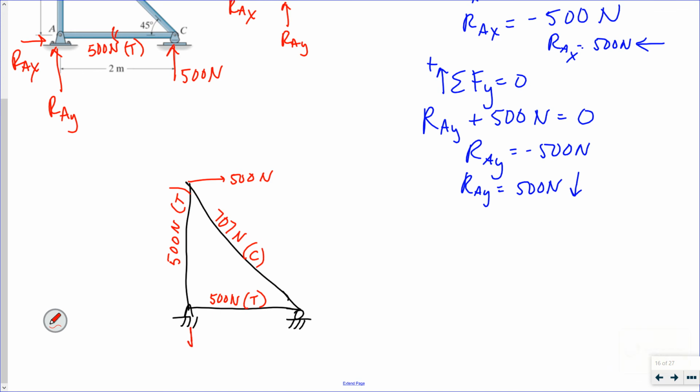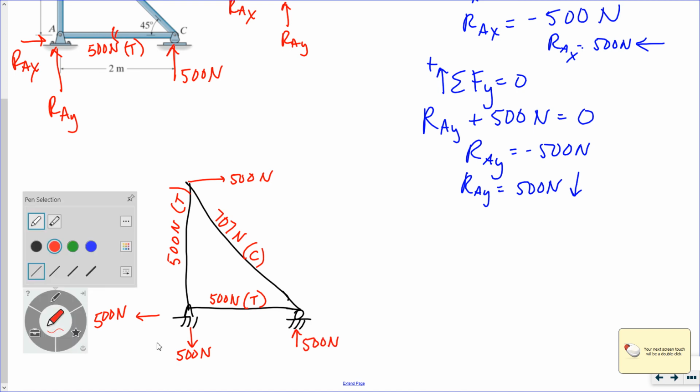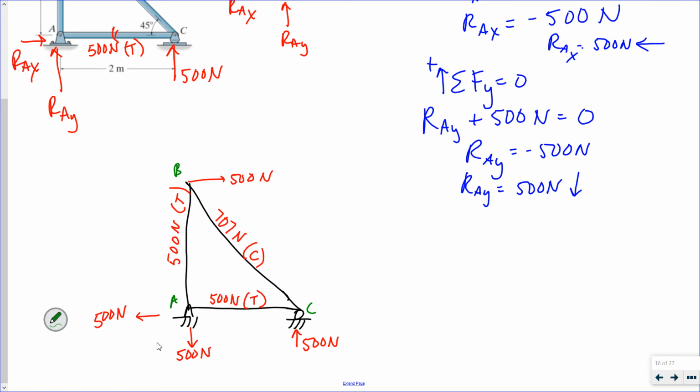My reactions are 500 newtons down, 500 newtons to the left, and 500 newtons up, right? And you should also probably write A, B, C. And there you go. That is solving a simple 3-member truss using the method of joints.